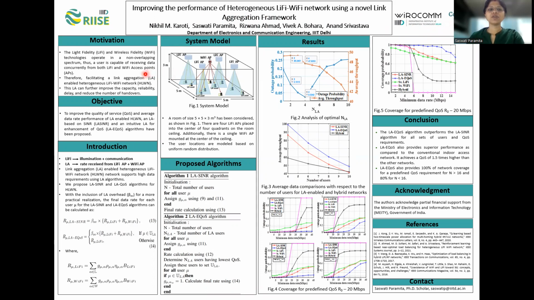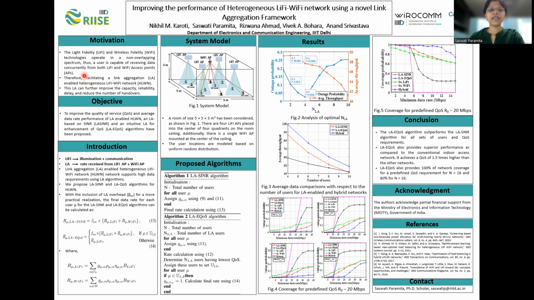Our main motivation towards this work is that day by day, the data rate requirement is increasing. Therefore, the available Wi-Fi spectrum is one of the challenges to serve more users with higher data rate.